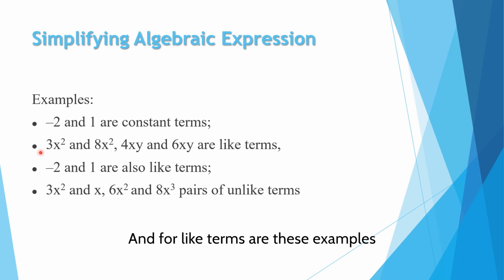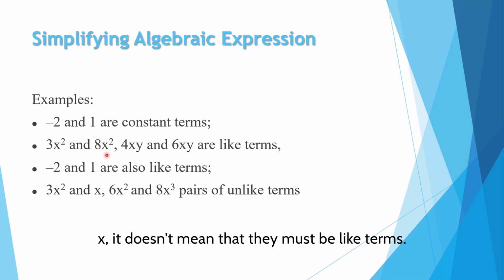And for like terms, here are these examples: 3x squared and 8x squared. Why are they like terms? They have the same letter and the same index on the letter. So even if we have two terms with x, it doesn't mean that they must be like terms.